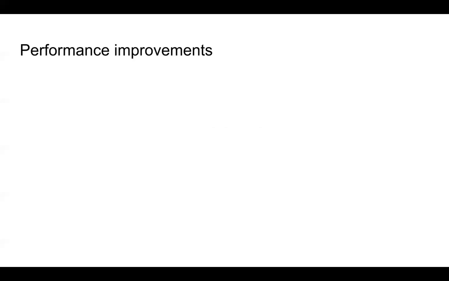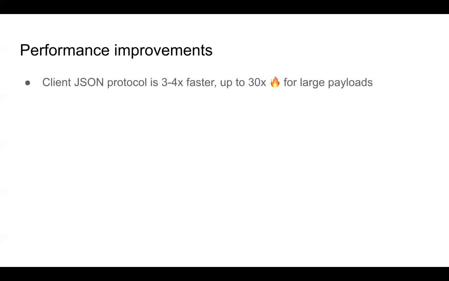Well, let's look at performance improvements in V3. The client JSON protocol is 3 to 4 times faster now, and it can be up to 30 times faster for large payloads.